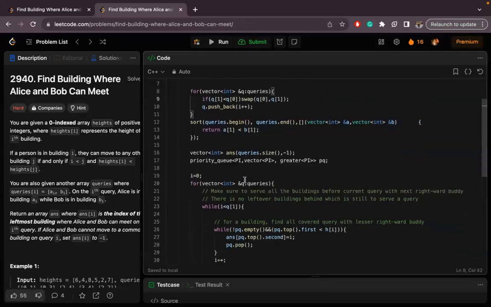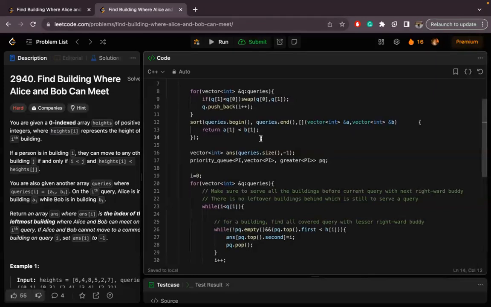Okay, and then what I'm doing is I'm sorting on the basis of index. Then remember what we are looking at. We are looking for the buildings whose height is larger, right? So from which height does it have to be larger?